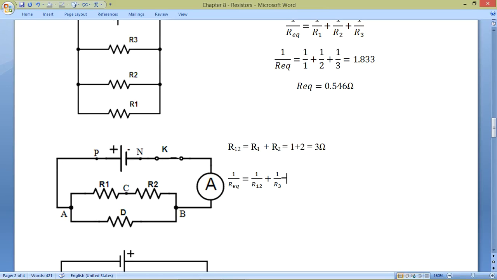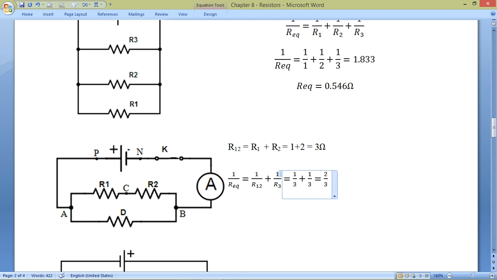It's equal to 1 over 3, which is the equivalent resistance of R1 and R2, plus 1 over R3, which is also given, let's say 3. We can simply calculate it mentally. It is 2 over 3.